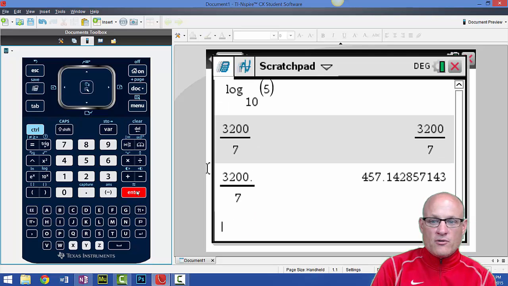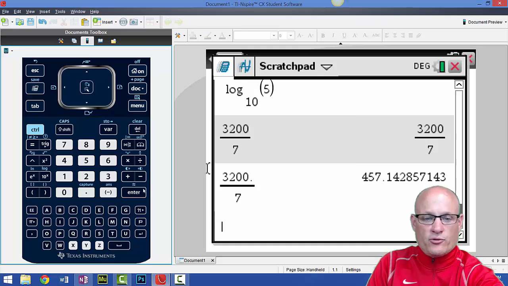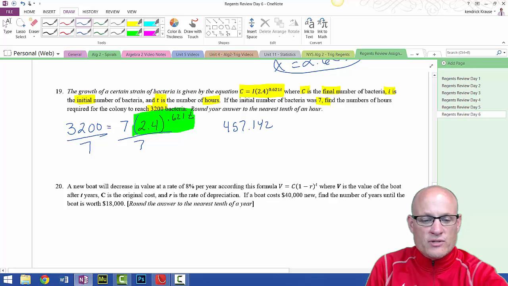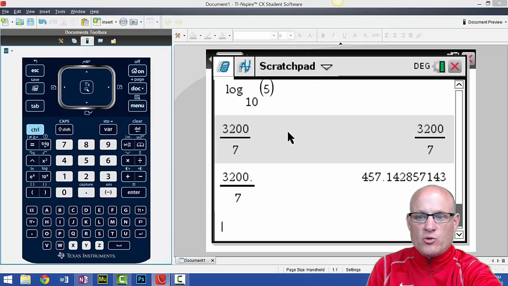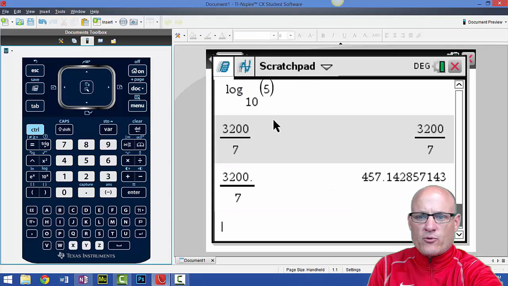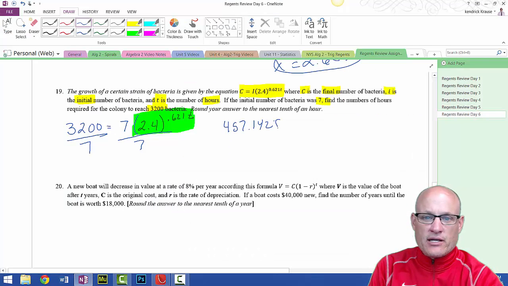Boom. 457.142857143. Do not round early. Don't round early, especially when you're working with decimals like this, is equal to 2.4 to the 0.621 T.